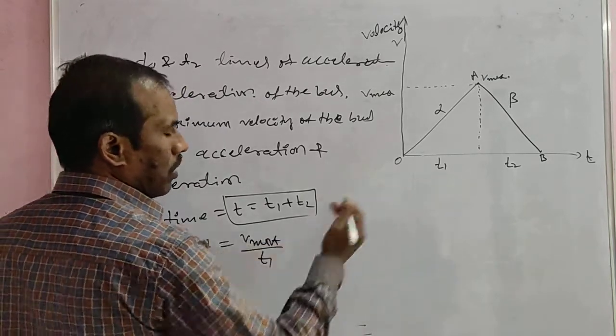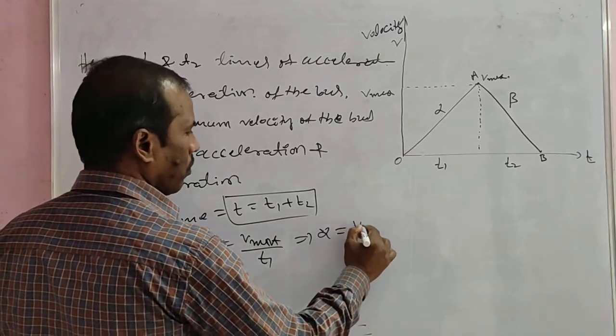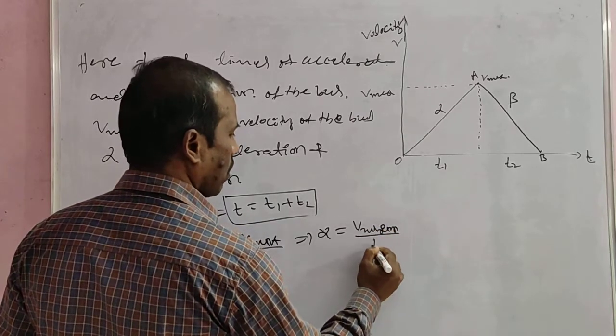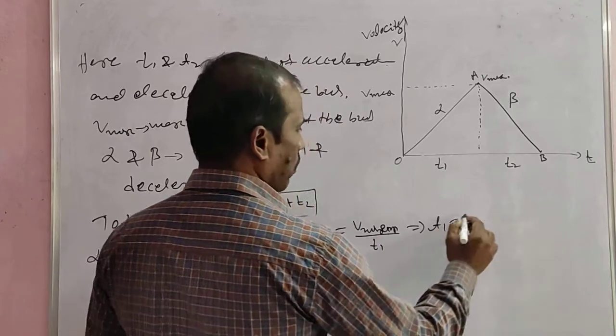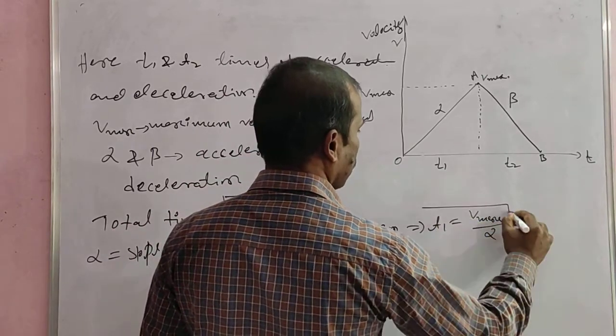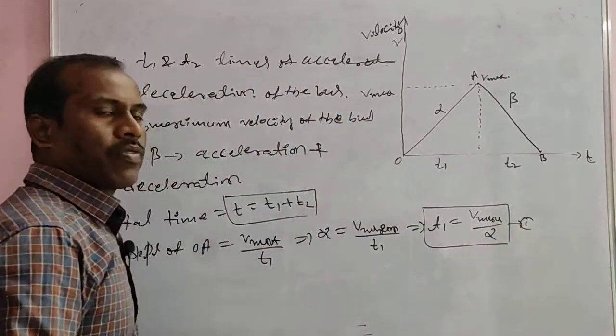Here the time is T1. That means alpha is equal to V maximum by T1. So T1 is equal to V maximum by alpha. This is equation 1. This is a positive slope.